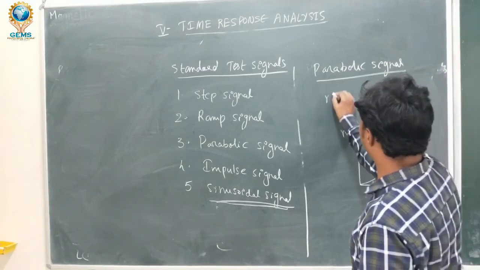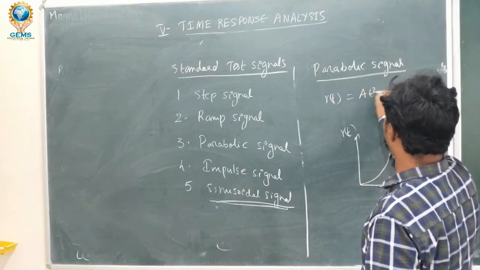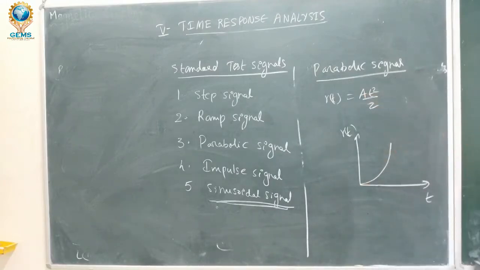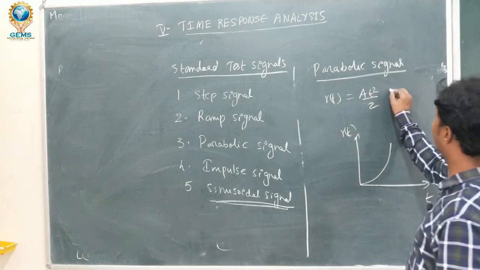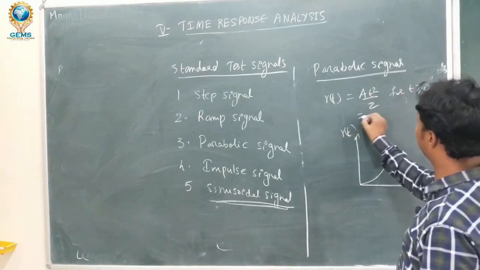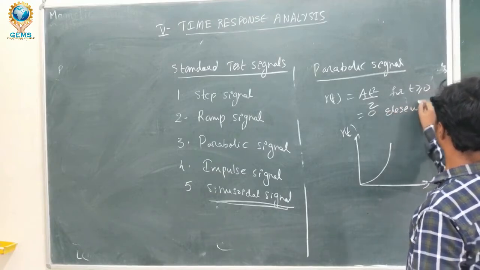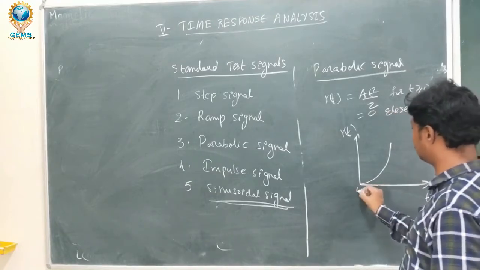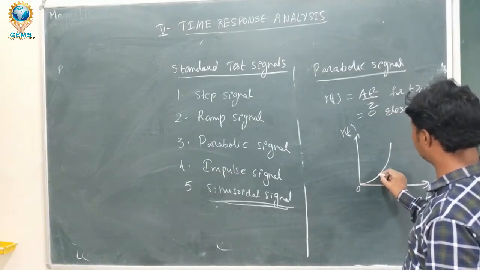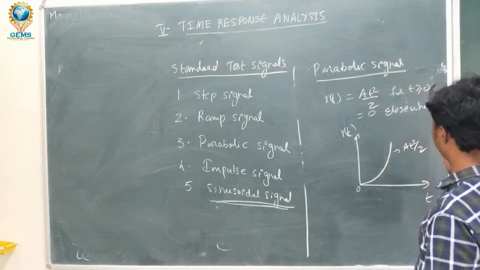Here r of t is equal to A t square by 2. This is the equation for the parabolic signal, for t greater than or equal to 0 and 0 elsewhere. This is at t equal to 0. So this signal is A t square by 2.